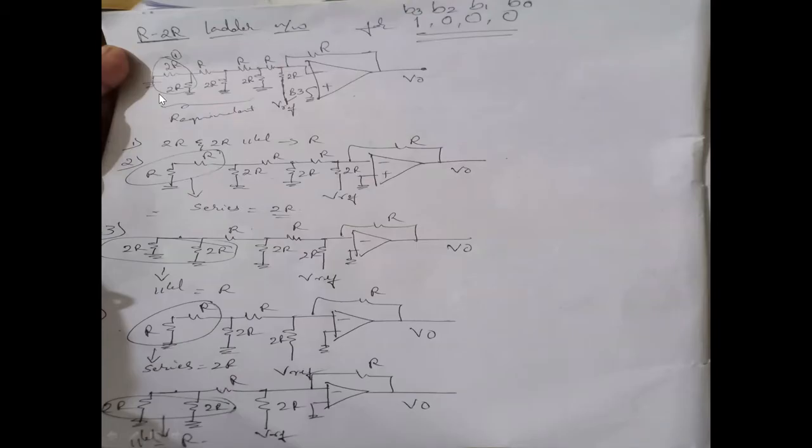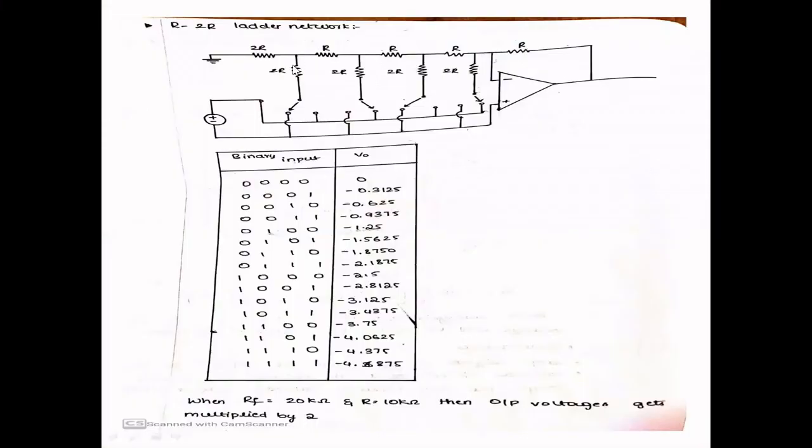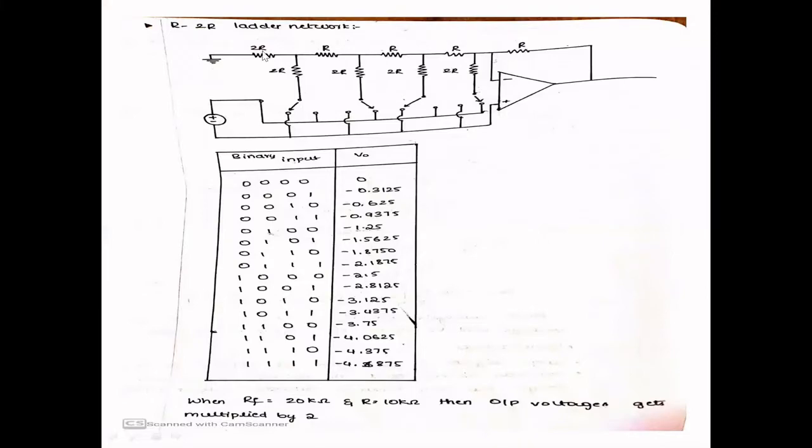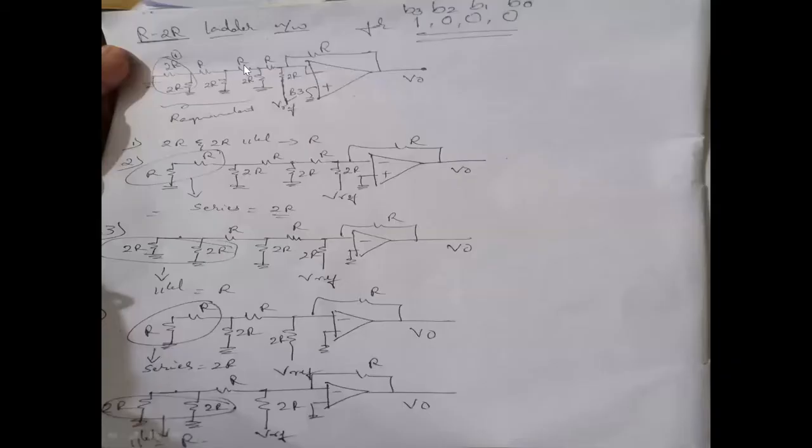So this is very similar to the circuit. Initially you have 2R and 2R. Now we have to simplify these resistances and find the equivalent resistance. How do you find that? When you simplify this, 2R and 2R at this point are in parallel.